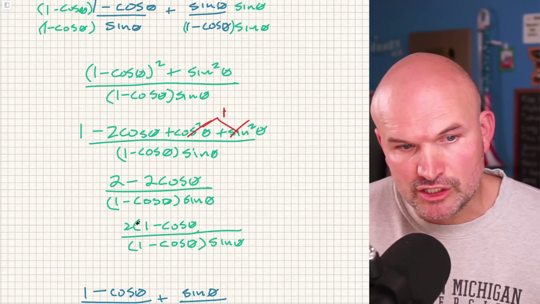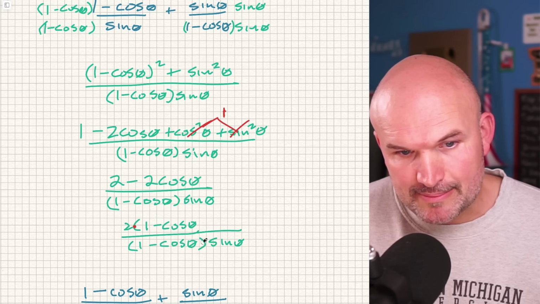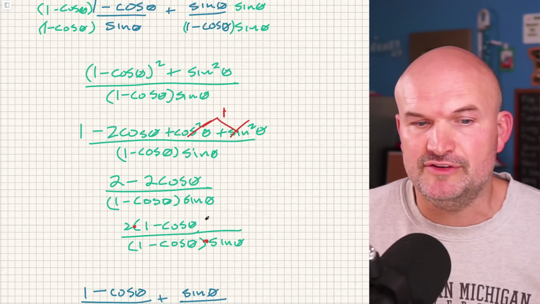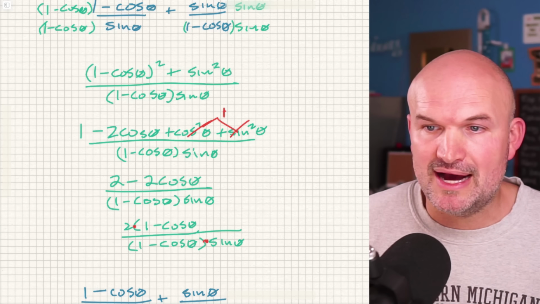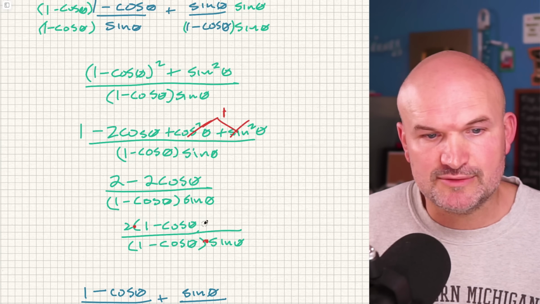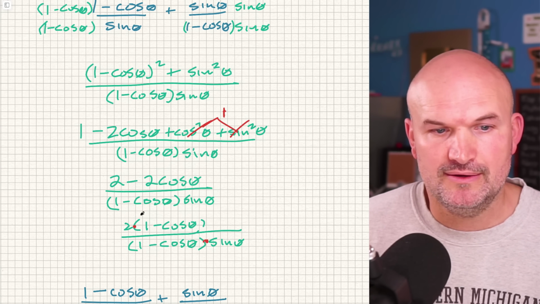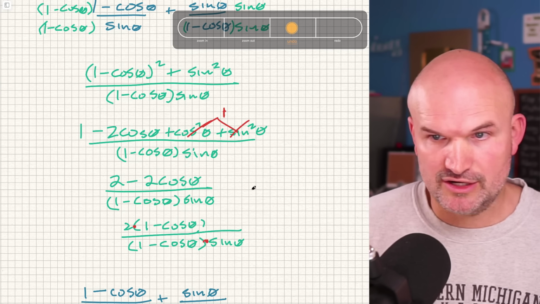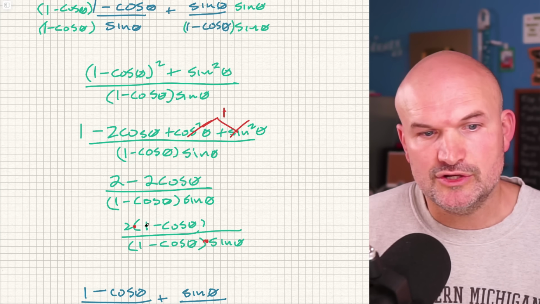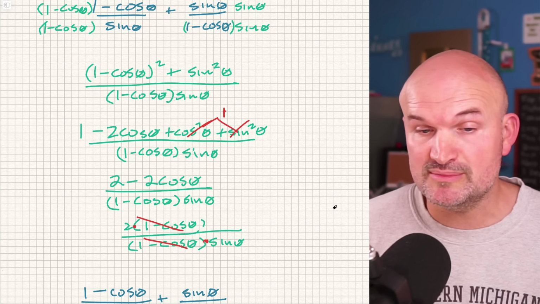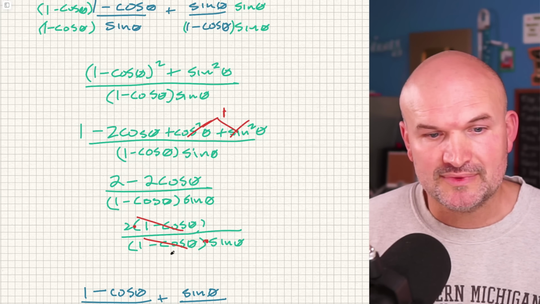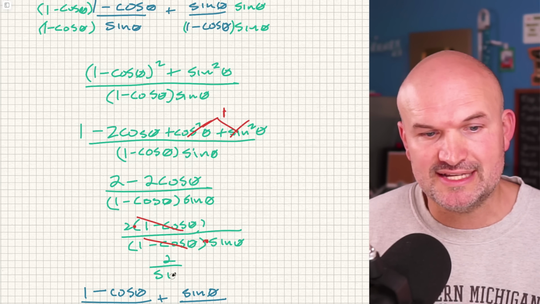When you have terms, expressions, or numbers separated by multiplication, you can apply the division property. So now I can divide out the expression 1 minus cosine of theta. I'm just going to show that with my red. So you can divide those two terms out, and what we're going to be left with is 2 over sine of theta.